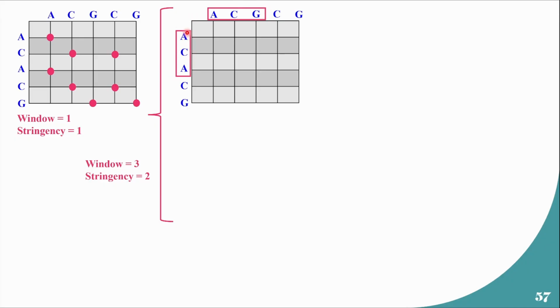And for a stringency of 2, if we had 2 exact positional matches, for example, if you compare the first 3 subsequences and see that their very first 2 components A, C are matching exactly, so we have at least 2 exact positional matches, then you can put a dot between these 3 subsequences in this position.